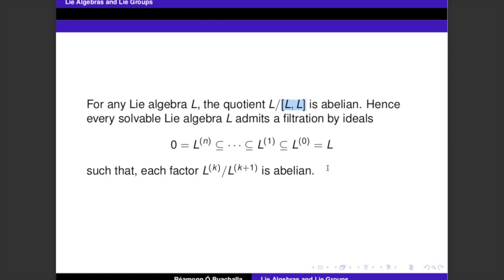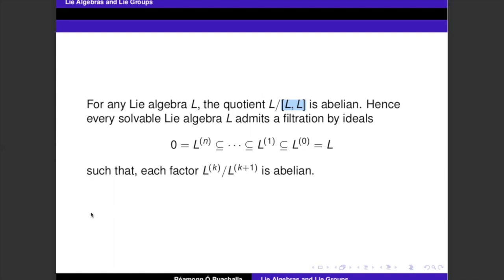Hence the Lie algebra itself is abelian. This is precisely what we're doing in this series, because when we go from one term to the next, L^(k+1) is the Lie bracket of L^k and L^k. Hence it's a special case of this general result, and it's abelian. So we have this filtration of things that are abelian.